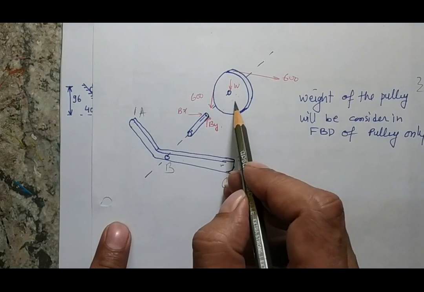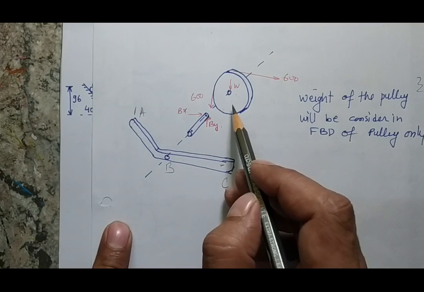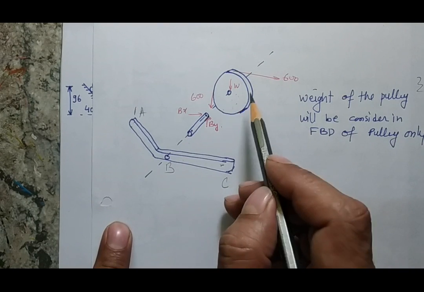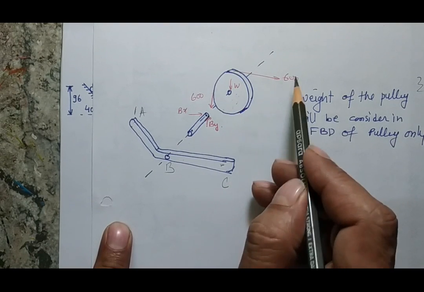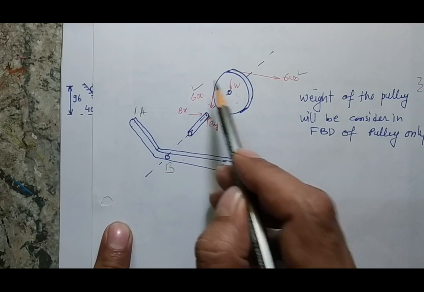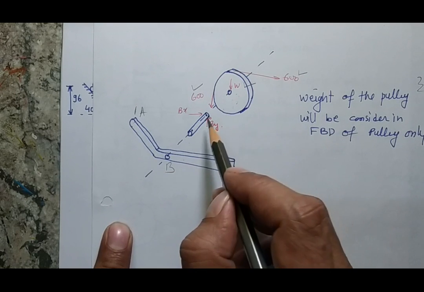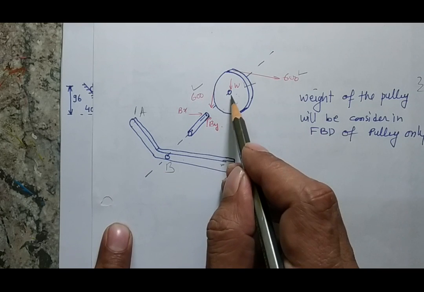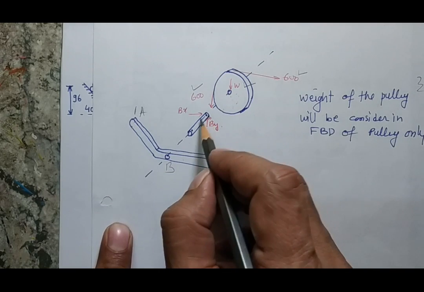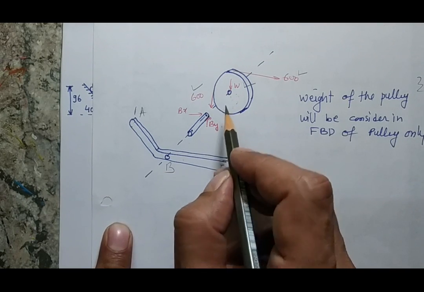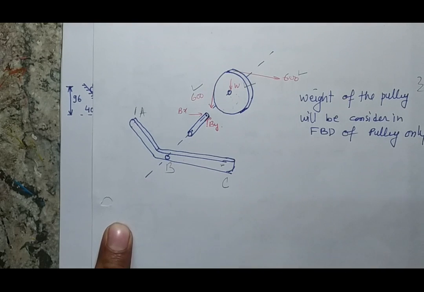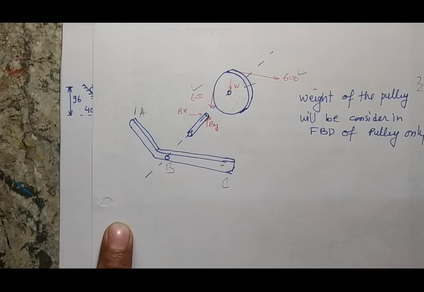Now suppose I want to make the free body diagram of the pulley. In the case of the pulley, I will consider the tension as well as the weight of the pulley, and there will be a reaction between the pulley and the pin, which can be defined with two forces, because conventionally whenever we have a pin joint, we remove the pin joint and consider two reactions which are perpendicular to each other.